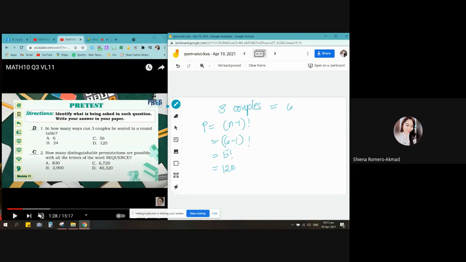How about in number 2? How many distinguishable permutations are possible with all the letters of the word sequence? Sulat natin yung word na sequence. So kapag distinguishable permutation, yung formula for distinguishable permutation ang gagamitin. Yun yung n factorial divided by a factorial times b factorial times c factorial.